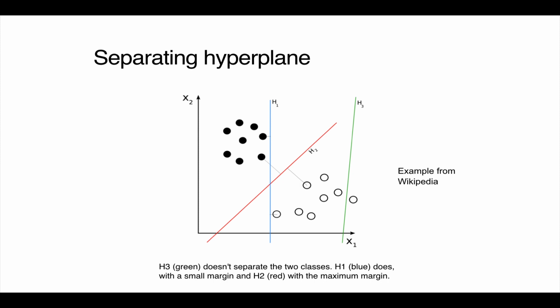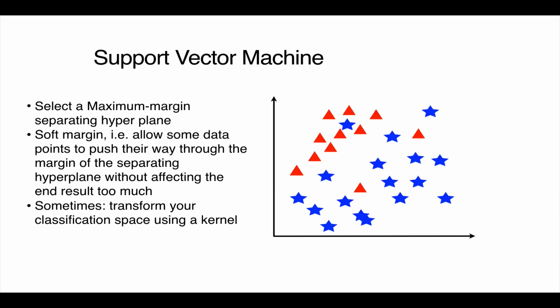But one could still argue that H2 seems to have a better property because it gives you the largest margin between the 2 different classes. If you add the distances between the nearest examples and the hyperplane, you will see that H2 here gives a better separation. So this is the idea behind a support vector machine.